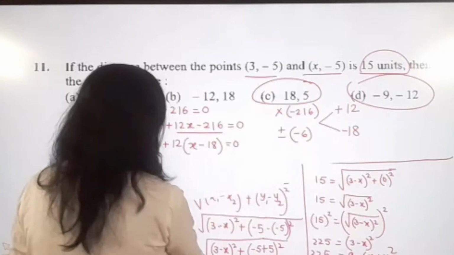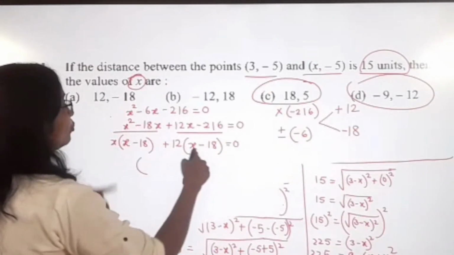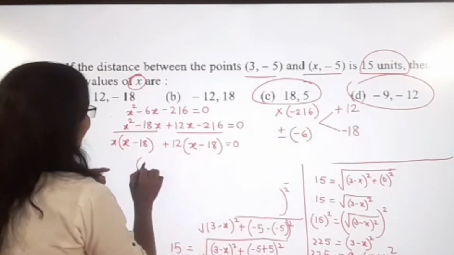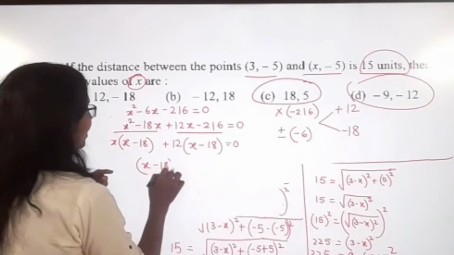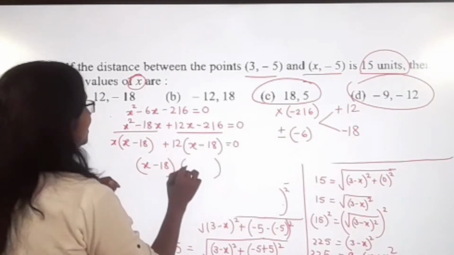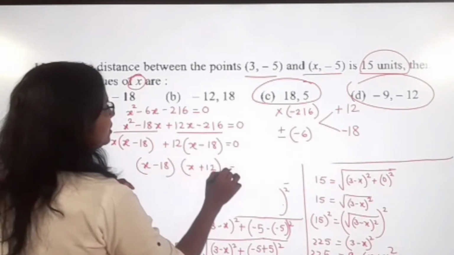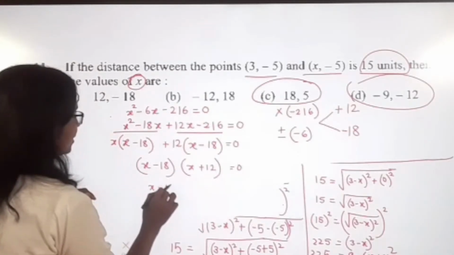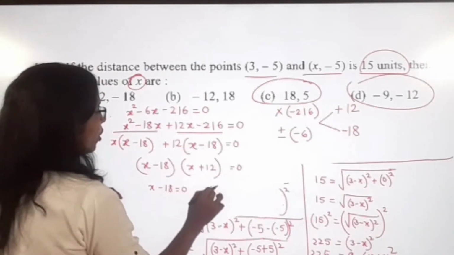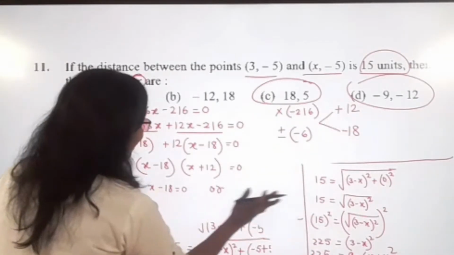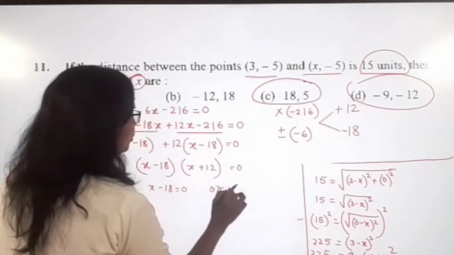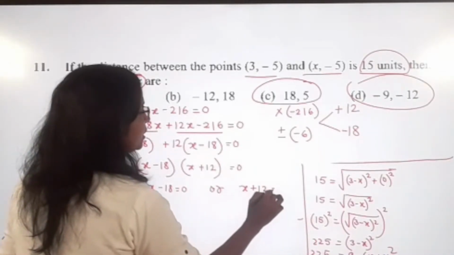So now here students, the two brackets are equal to zero. In one bracket, x minus 18, and in the second bracket, x plus 12, which is equal to 0. So x minus 18 is equal to 0, or x plus 12 is equal to 0.